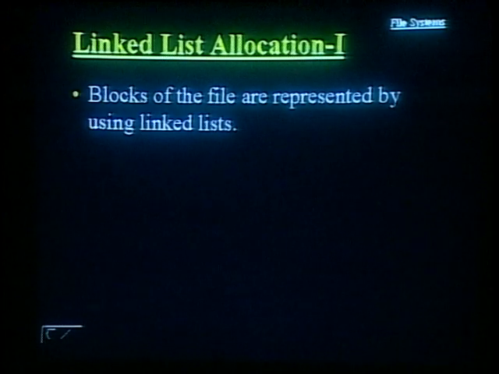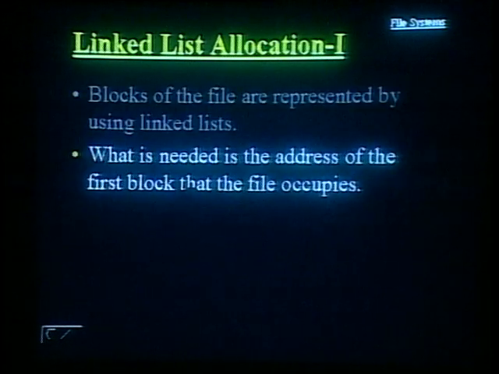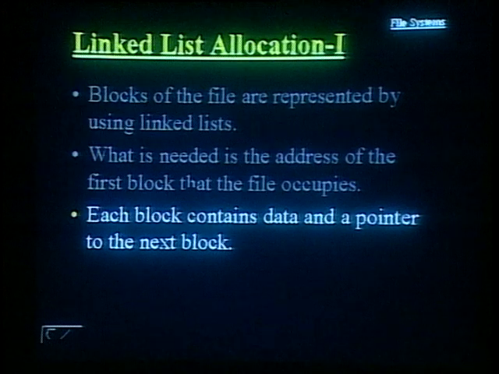In this scheme, the blocks of the file are represented using linked lists, and what is needed is the address of the first block that the file occupies, and each block contains data and a pointer to the next block.